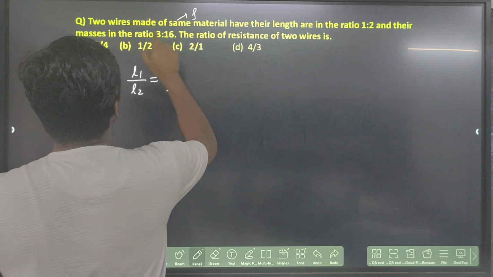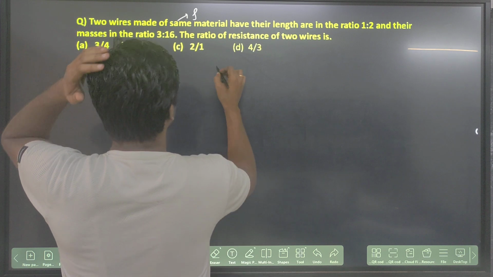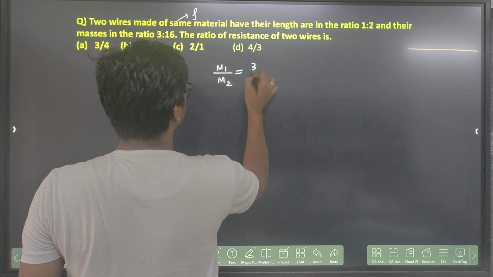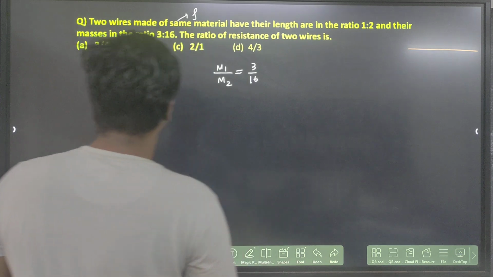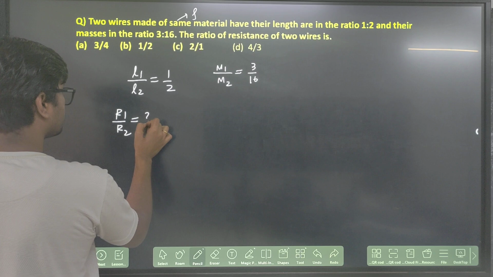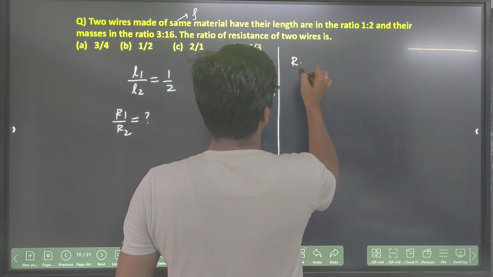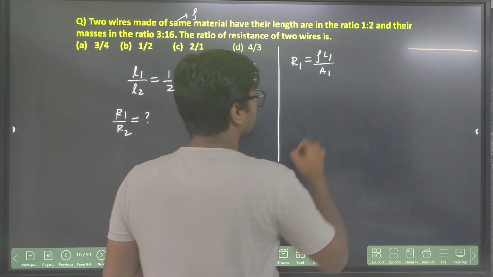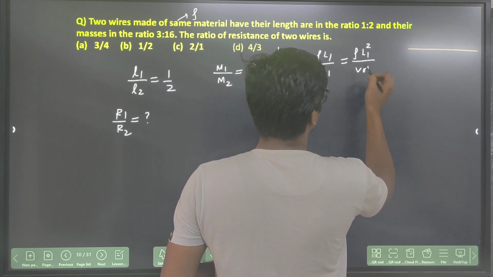And the masses are given, M1 divided by M2 is 3/16. They are asking the ratio of resistance, R1 divided by R2. First write down R1. R1 equals rho L1 divided by A1. This can be written as rho L1 square divided by volume 1.